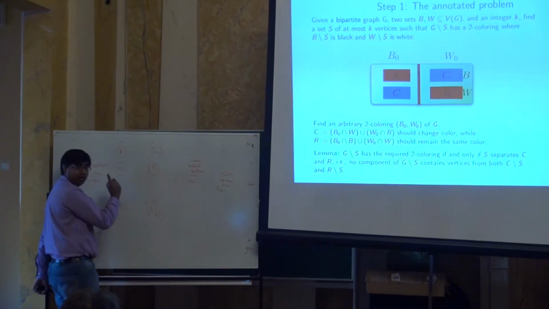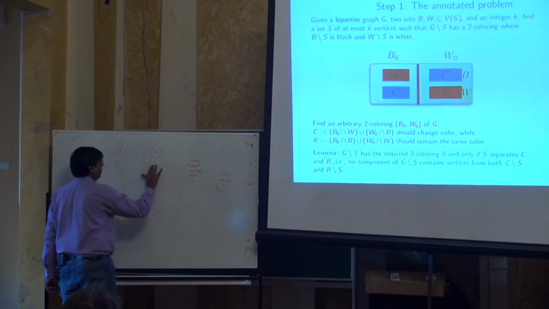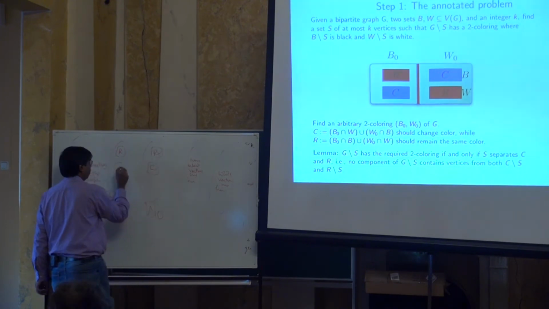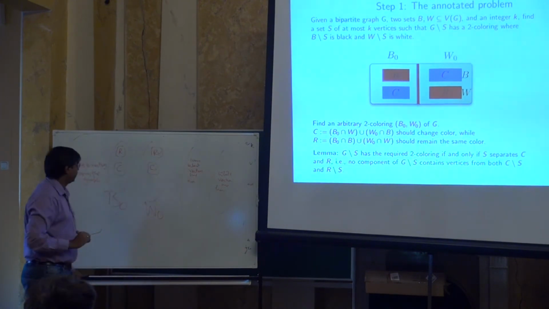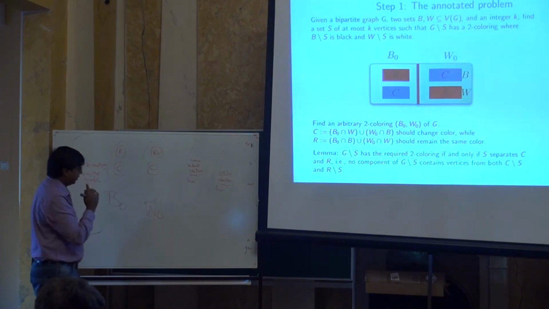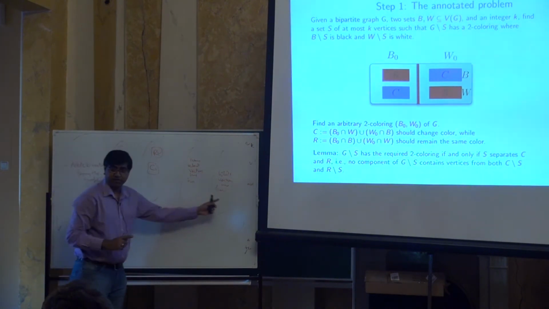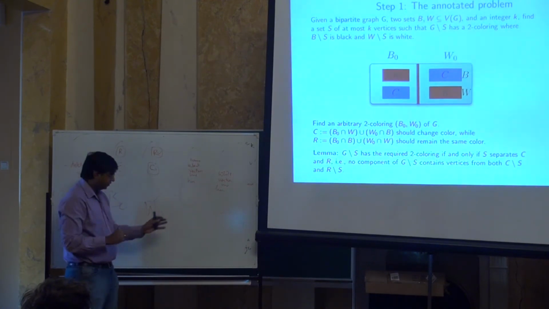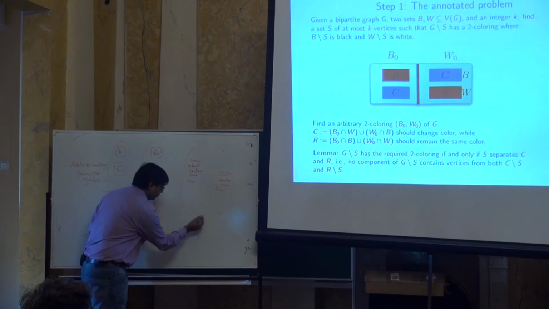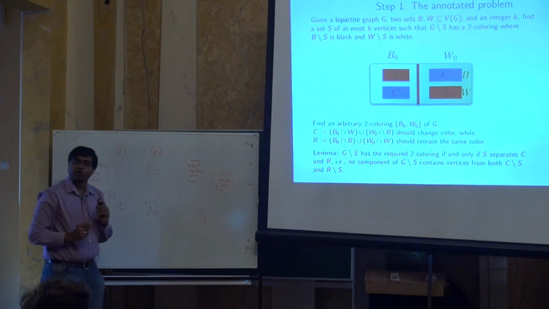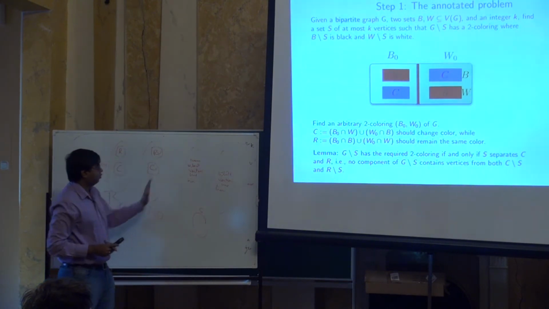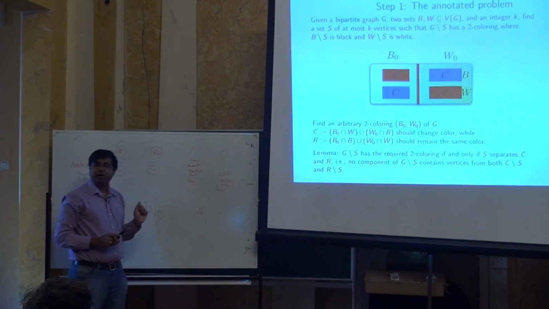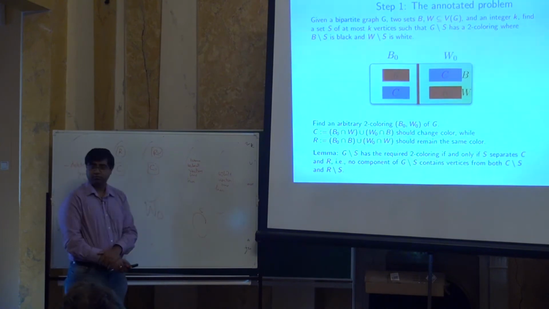If you are looking for such a two coloring, where vertices remain or are in conflict, then the set S of vertices which you are going to remove should have the following property. Look at this side, whichever vertices are remaining. Is there a path from conflict to remaining?